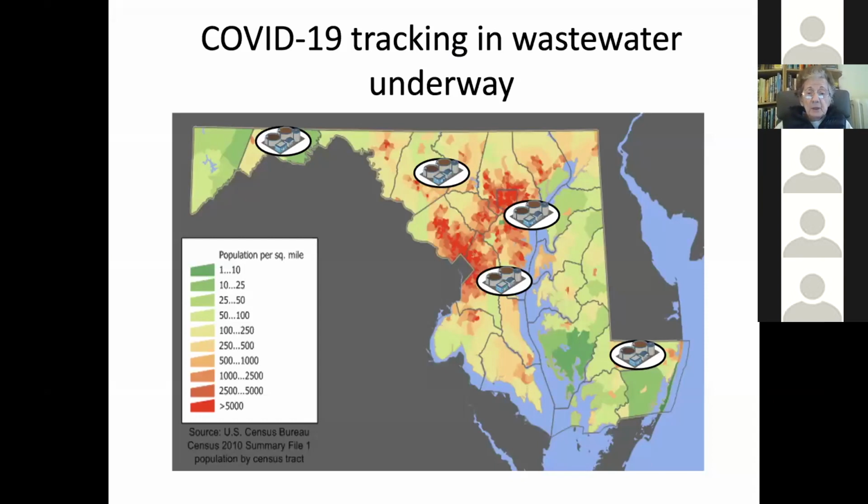So what we have done now is to work with Maryland, the state of Maryland, the governor, in a contract with the Department of Environment and working with the Department of Health. These are the stations, the locations where samples are collected bi-weekly, twice a week, at these locations and rapidly transferred to our laboratory.